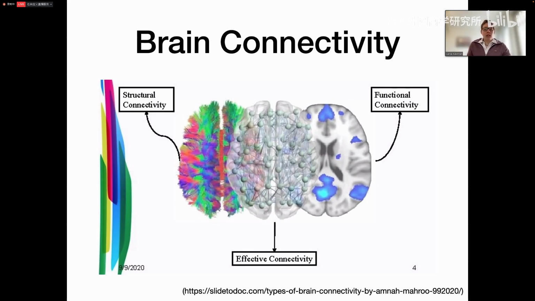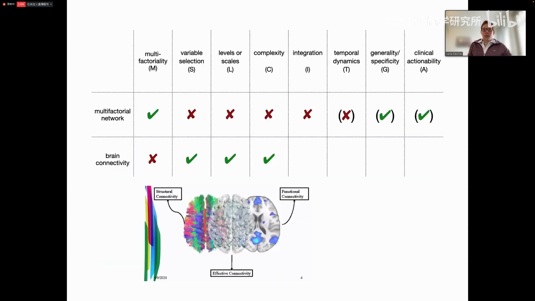Either way, and unsurprisingly, these models are not really multifactorial in nature because they are focused on the brain. So they look at brain connectivity, even though it's different kinds of connectivity, it's all very brain focused. And we might wonder, how do they fare then with respect to the other challenges? Now, returning to our little scoreboard again, brain connectivity models fail the multifactoriality challenge.